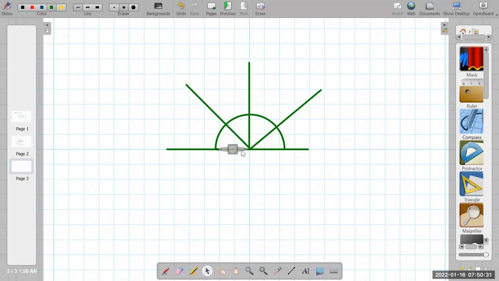The same diagram you can see here: C, D, E, F. The angle names are C, D, E, and F. Here now we have 4 angles. So the sum of all these 4 angles, C plus D plus E plus F, is equal to 180.